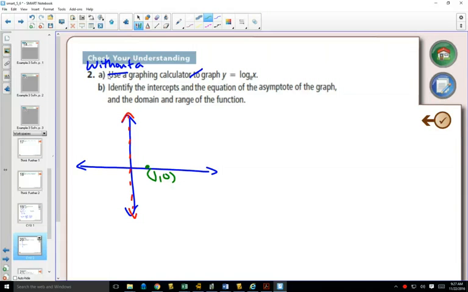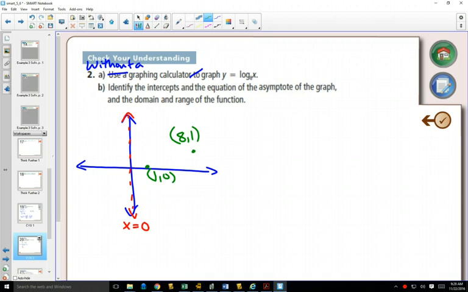And if I were going to label another point, what would be the other point for this log graph? Yes, (8, 1). It's always going to be the base, 1.